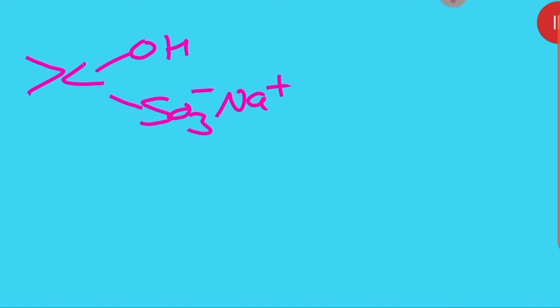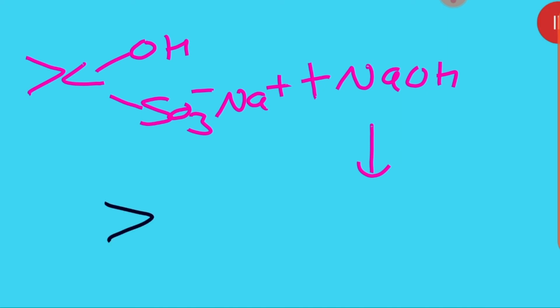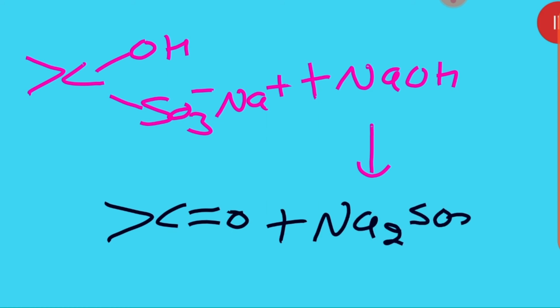We can give its reaction again with bases also. Suppose I am writing C(OH)SO3⁻ Na⁺, then I am writing NaOH. In this case, it gives C=O, plus Na2SO3, plus water.